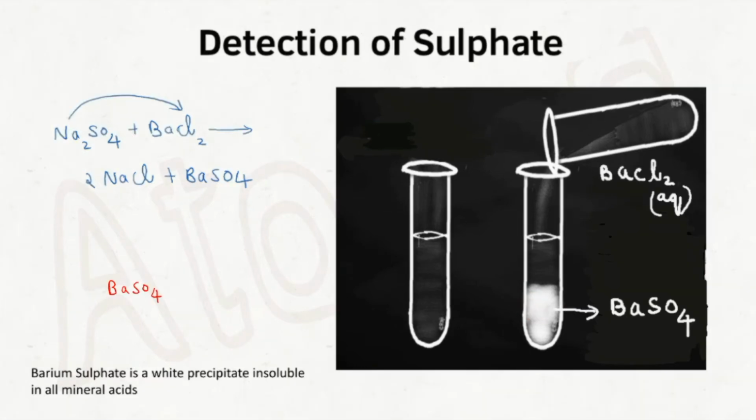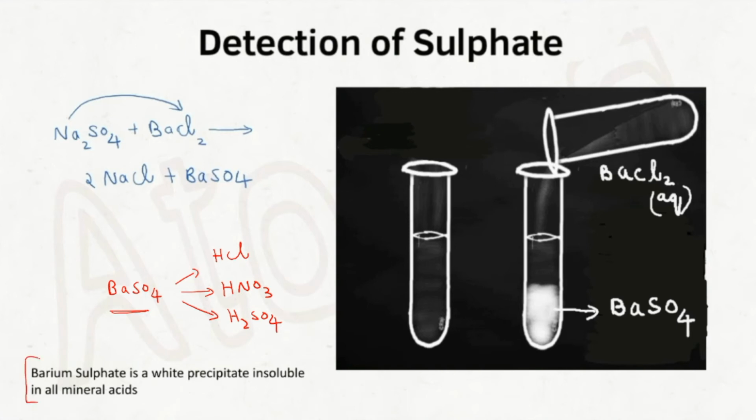Remember, there is something special about this barium sulfate precipitate. To this precipitate, you can add hydrochloric acid, you can add nitric acid, you can add sulfuric acid also. But this precipitate will remain insoluble in all these mineral acids. Got it? So this is a tip for your exam.